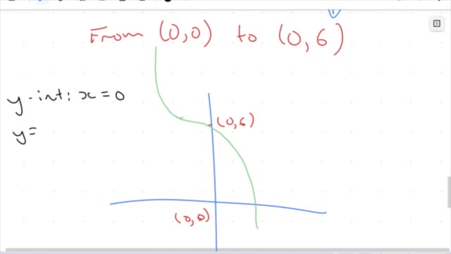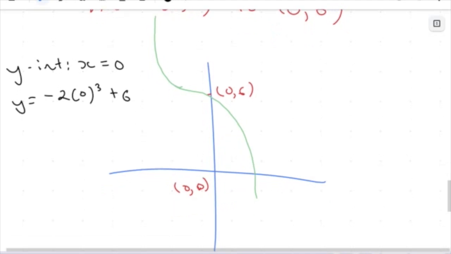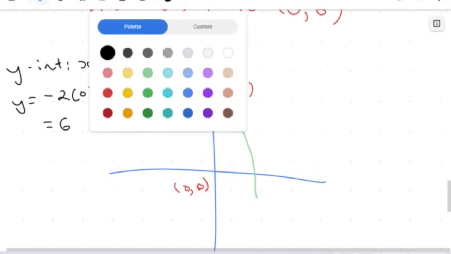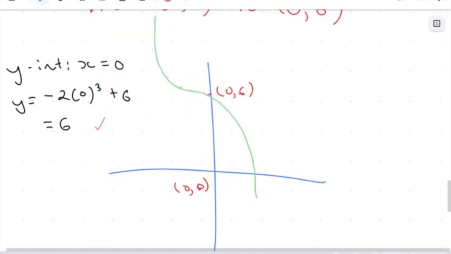So that's going to give me y equals minus 2 times 0 cubed plus 6. Minus 2 times 0 cubed is like saying minus 2 times 0. That gives me 0, plus 6 gives me 6. Okay, sweet. So I found my y-intercept, and I can confirm that by saying my point of inflection here is actually my y-intercept as well.